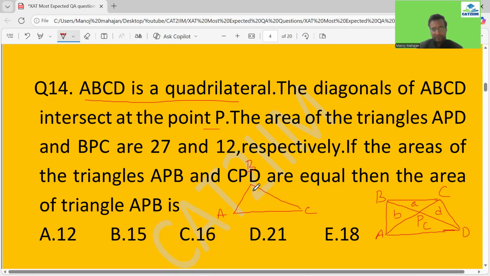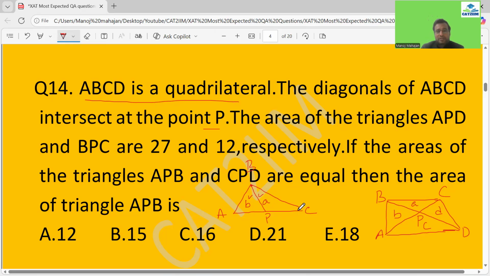So ABC you have, and from vertex B you have drawn this line BP. This area is B and this is A, which we have assumed. You should know that these two triangles have a common vertex, and the base is drawn on the same straight line.